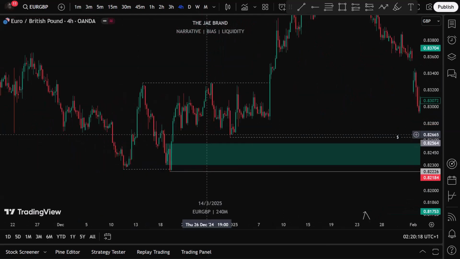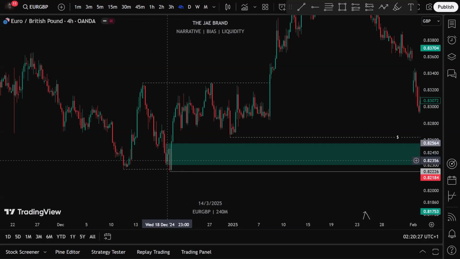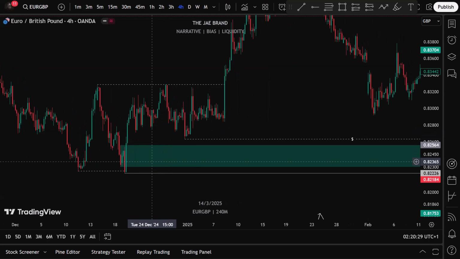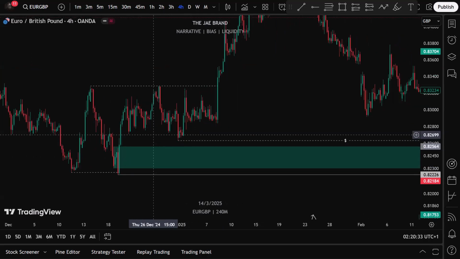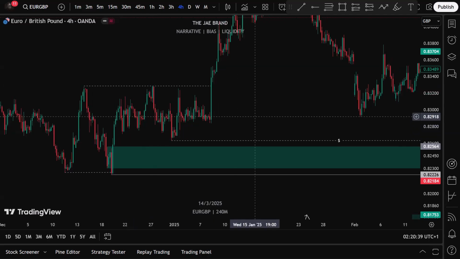Now, you can call this a breaker block on the lower time frame, but to me it's a QMR, which has not been mitigated. Your POI can either be your breaker block, your mitigation block, your QMR or your order block.